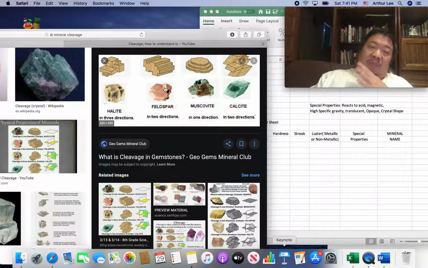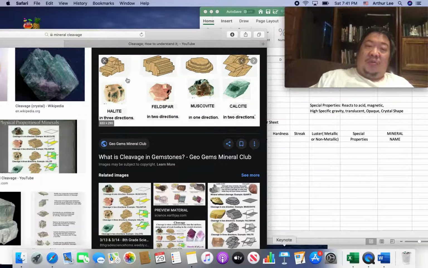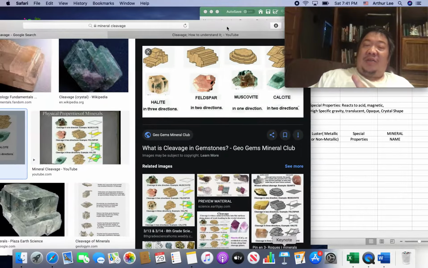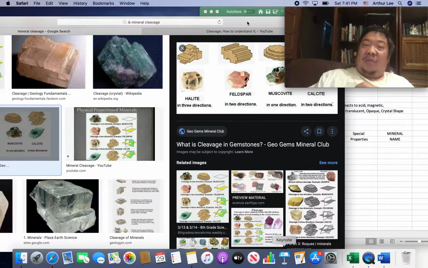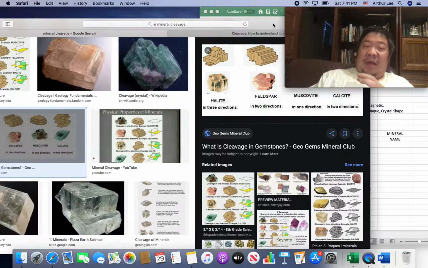If it breaks off in boxes, it's 2 directions of cleavage, or squished boxes. Or if it breaks off into perfect cubes, it's 3 directions of cleavage. If you can figure out how many directions of cleavage it has, it'll make it easier to identify the minerals. But at least for the lab, you just have to say yes or no. Does the mineral have cleavage?